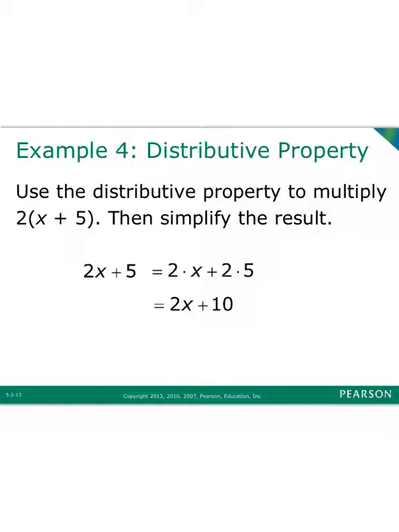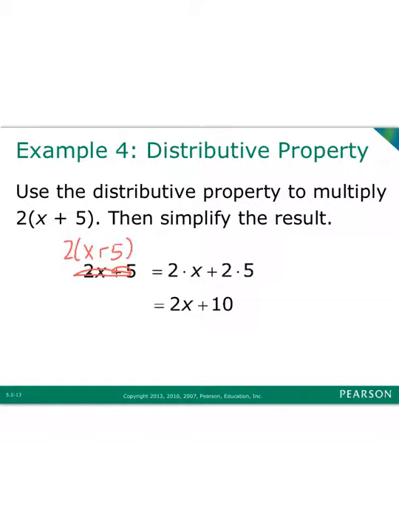Again, we will use the distributive property to simplify our result. What we had was 2 times parentheses x plus 5.